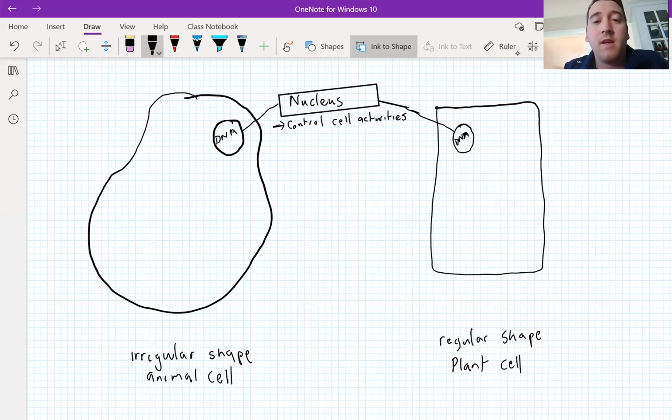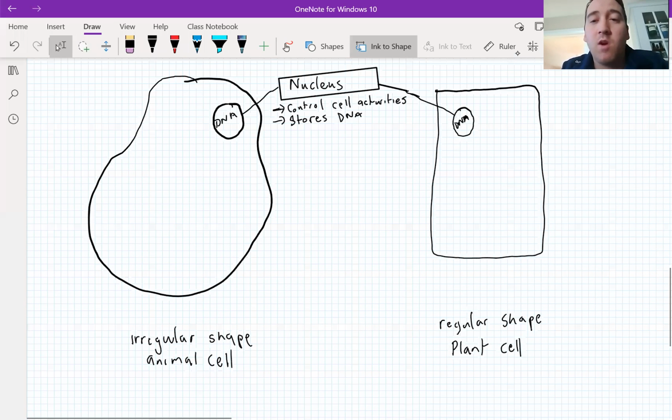Okay. So it controls the cell activities, and it does this because it stores DNA. DNA is basically a set of instructions for your cells, a set of instructions that tell your cells how to behave and what processes they should be doing, things like that. So because the nucleus stores the DNA, the nucleus controls cell activities.